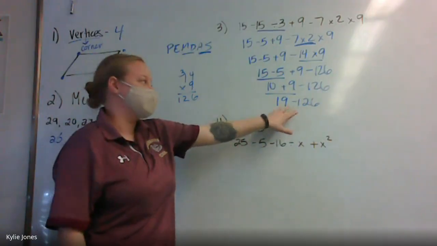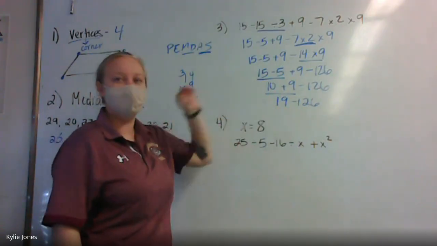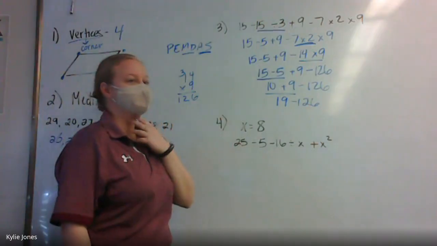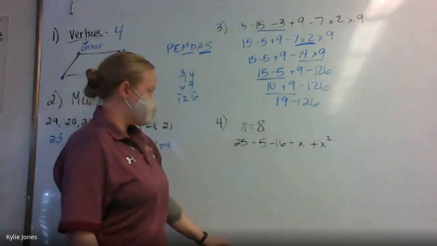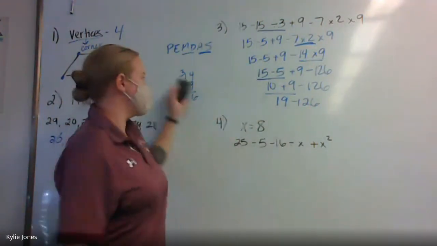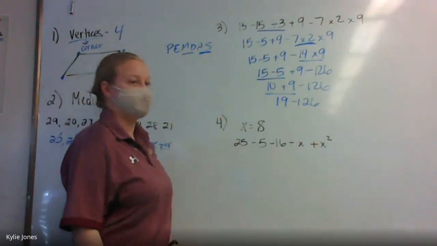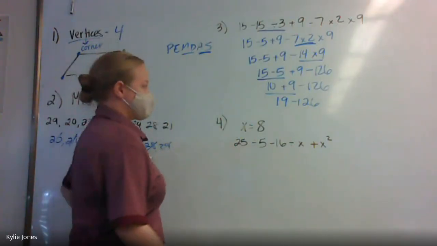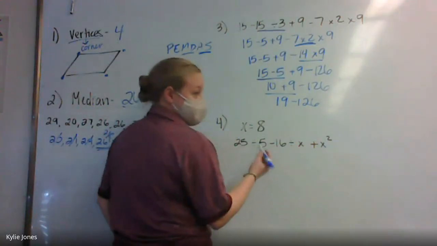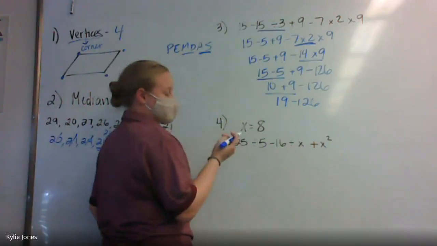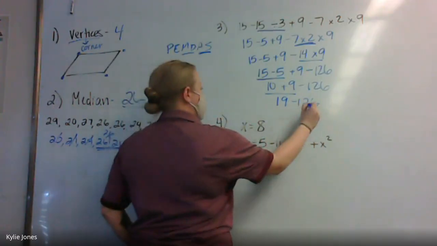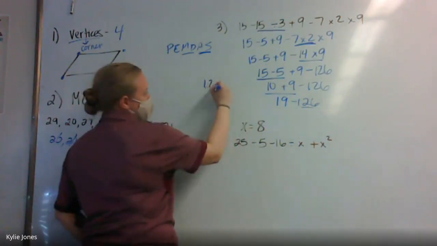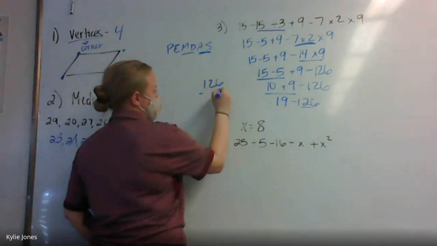Now our last step, 19 minus 126. This goes into the negatives. How do I do this? We take our bigger number, 126, and subtract the smaller one.